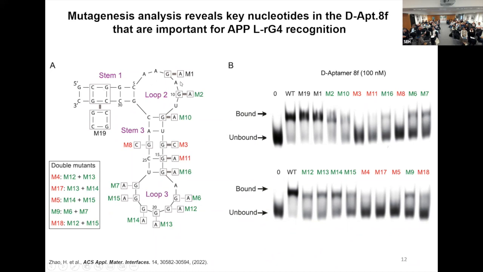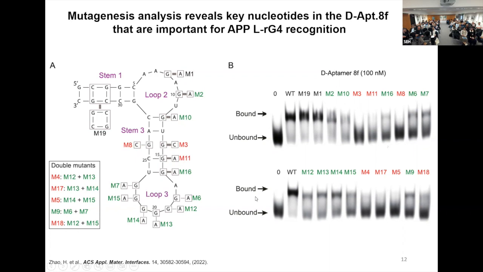Long story short, looking at the EMSA gel here, some of the nucleotides in red are important and responsible for the binding: M3, M11, M8 here. Some are less affected by the mutation, the ones in green. We also do some double mutations to make some of them more important, like M4 is a double mutation of M12, M13, something like that.